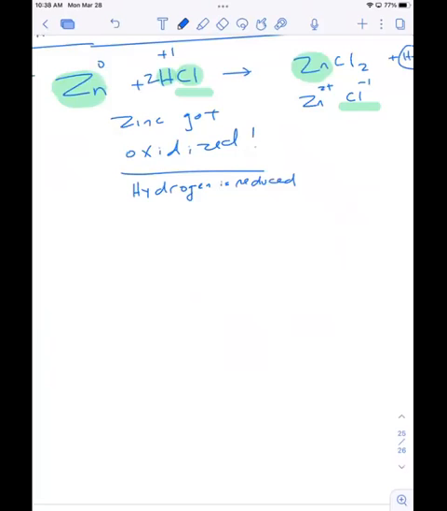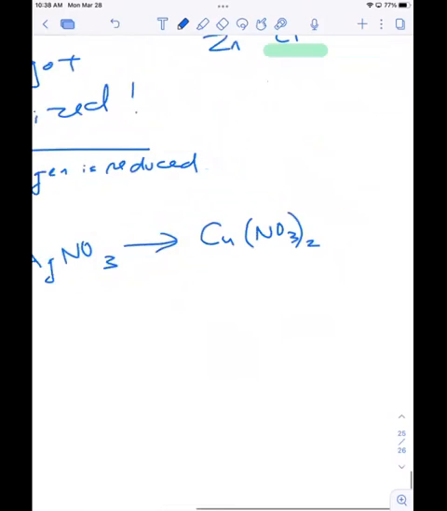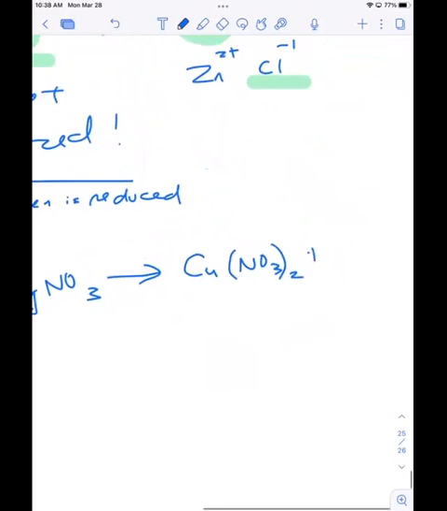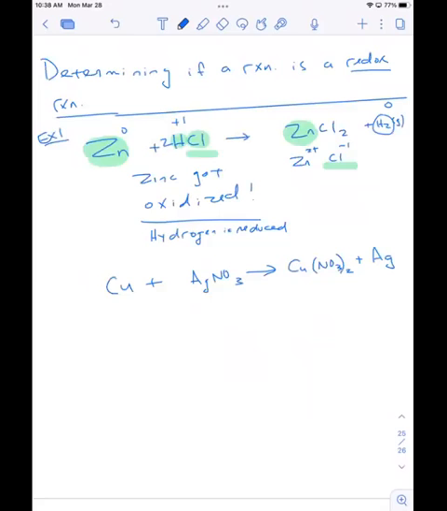If I take elemental copper plus silver nitrate, that gives me copper nitrate plus elemental silver. Let's balance this real quick and then we can figure the rest of it out.